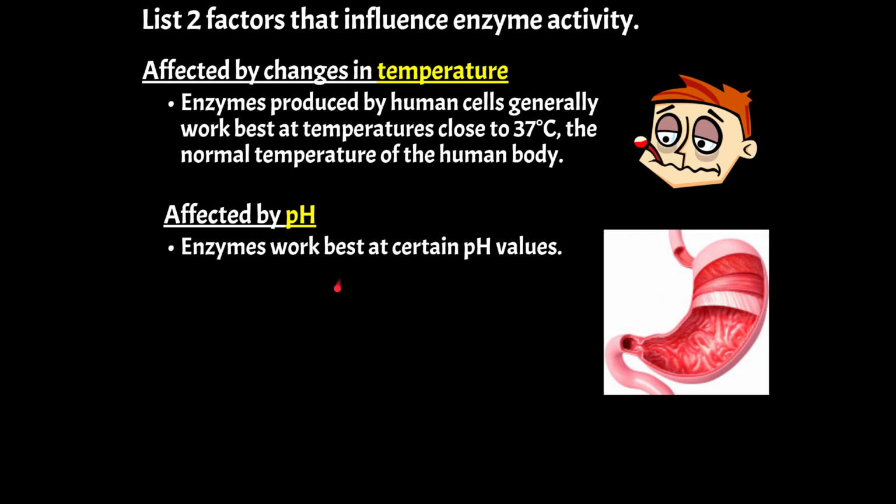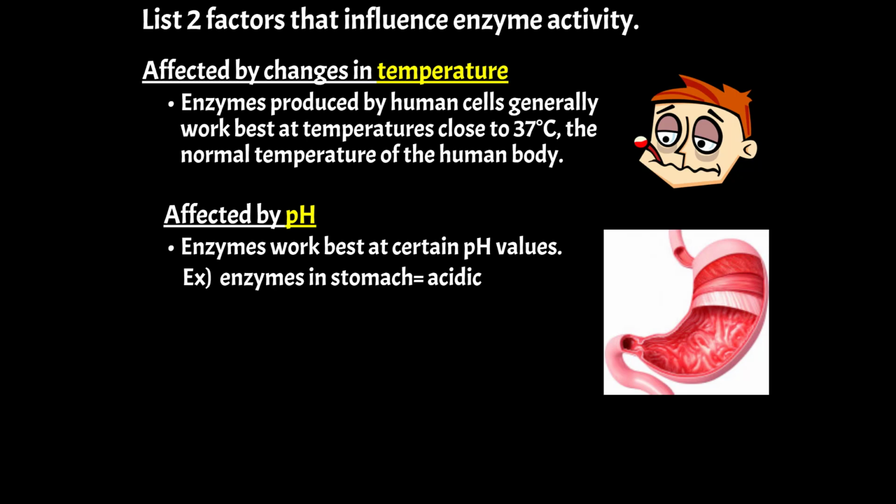Enzymes are also sensitive to changes in pH. They tend to work best at certain pH values. If you studied pH a little bit in junior high, there's a pH scale from 1 to 14, where acidic substances have a pH from 1 to less than 7. 7 is considered neutral, and then anything above 7 is considered basic.